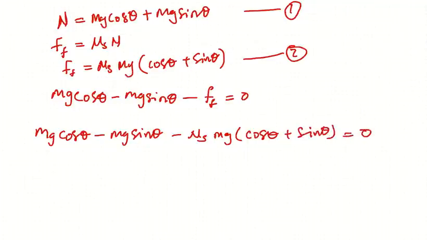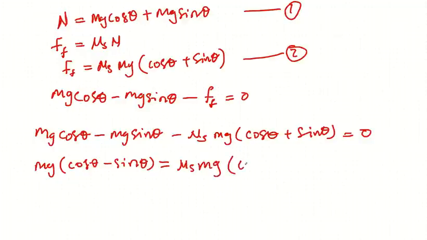We can rewrite this as mg times cos theta minus sin theta is equal to mu s mg times cos theta plus sin theta.